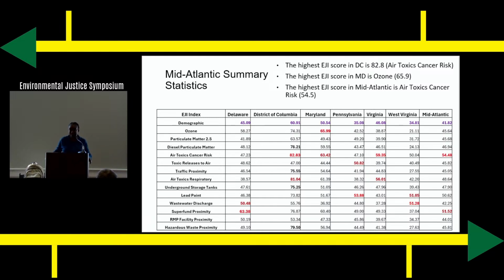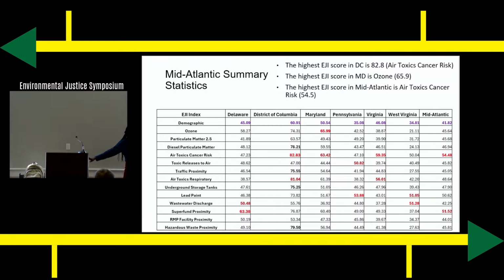Well, there's some that's 50 and above that's not highlighted in red. That's confusing. Like the lead paint, 75, and the district is 73 something? Oh, okay. I see what we did here. 73.82. We highlighted the highest score.